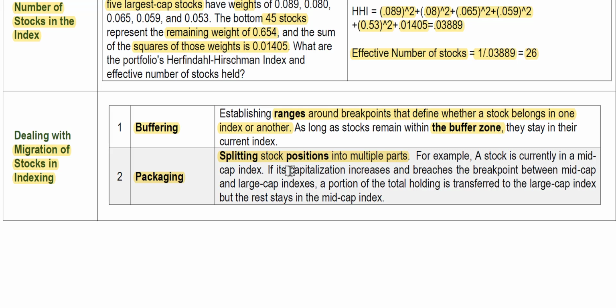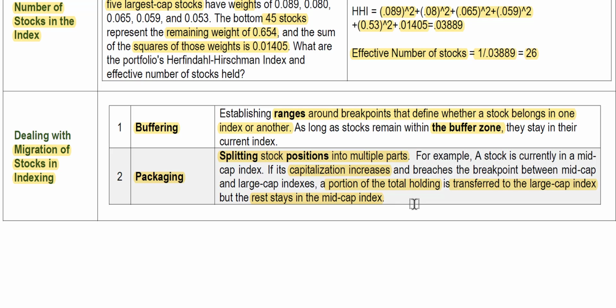If its capitalization increases, meaning it gets more capital, and breaches the break point between the mid-cap and large-cap index, then what you do is that a portion of the total holding, corresponding to the increase in capital, is transferred to the large cap, but the remaining original portion still rests in the mid-cap index.